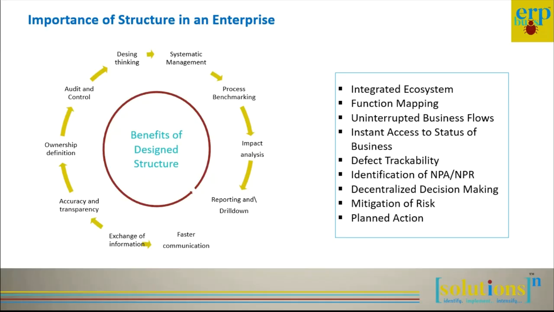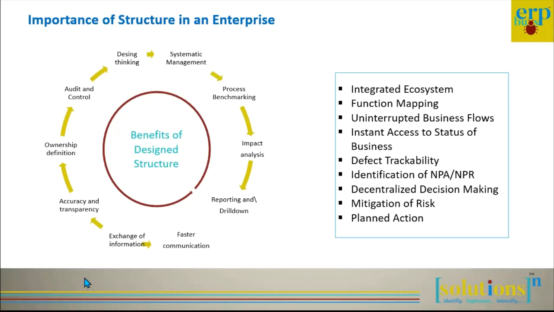Mitigation of risk, exactly the same thing: identification of NPA and NPR, then planned action. Depending on which area is impacting more or which area requires an action plan, that can be taken care of by the management.